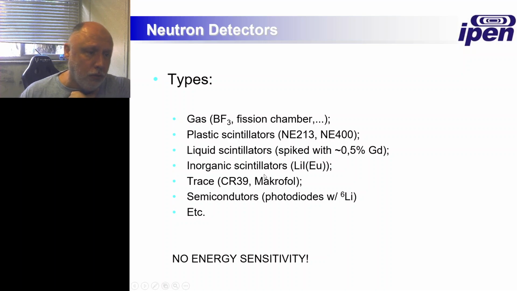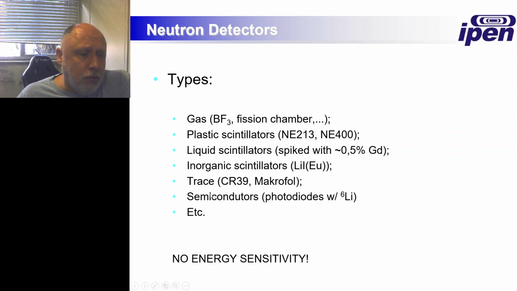There are scintillators which are inorganic, and they have lithium, which gives you the cross-section for neutrons. Also, in our radiation badges, as I told you, it's lithium fluoride. So it is sensitive to neutrons because of lithium-6, right?